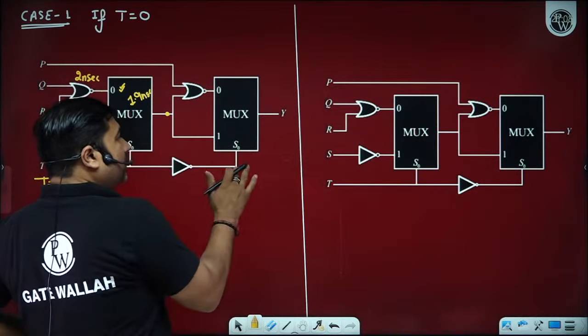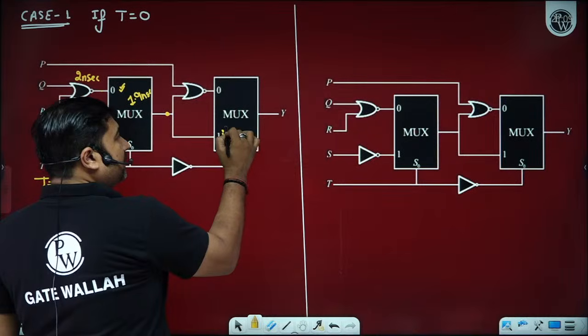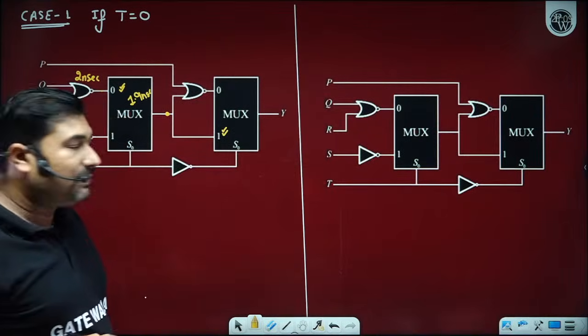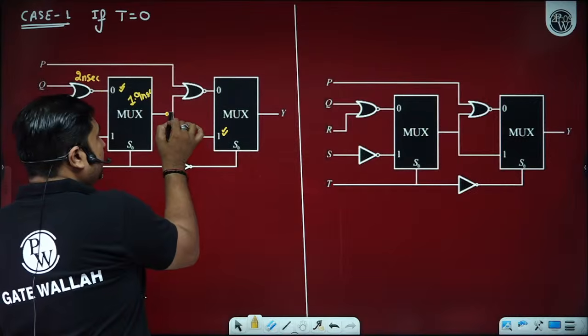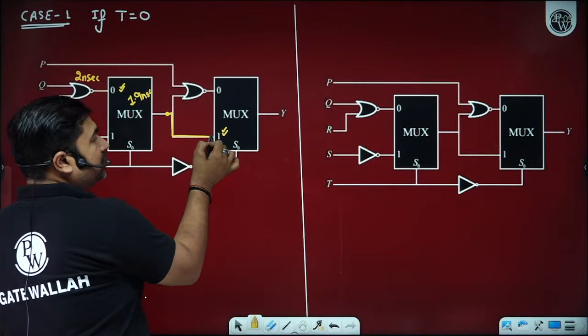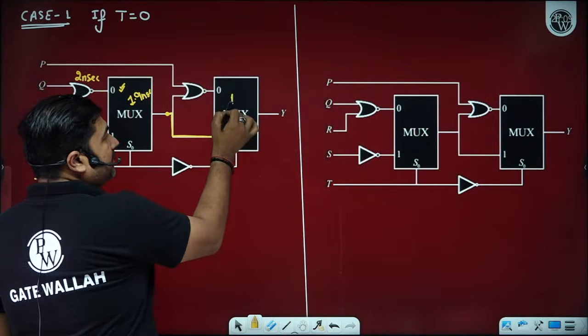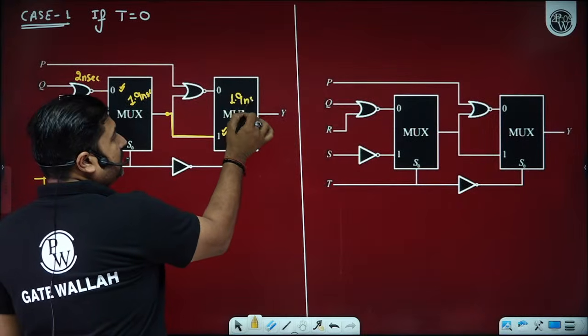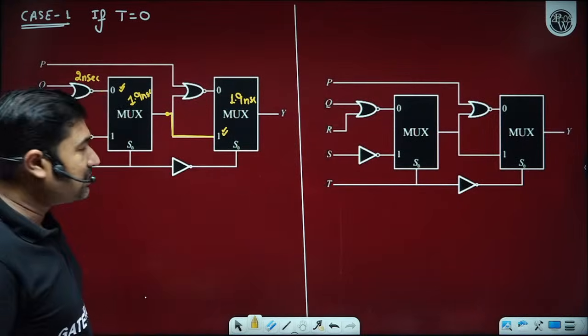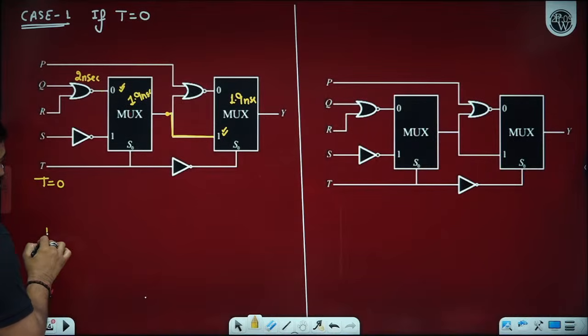Since the inverter output is logic level 1, this multiplexer 2 is going to select the I1 pin, and the valid information is available post 3.9 nanosecond. Again, this multiplexer will take 1.9 nanoseconds to provide its output. So how much time delay is required for the valid output?